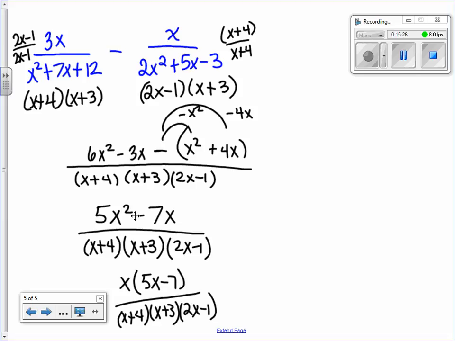Okay, one thing to understand, this is not new stuff, it's just a whole bunch of old stuff all packed into one problem. Everything that we're doing, you've factored before. You've multiplied, you've done FOIL, you've done distributive property.